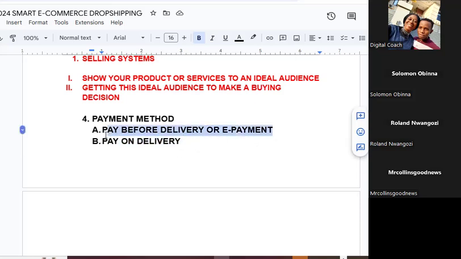They may be thinking, oh, what if I make payment and this person does not deliver this product, starts telling me stories or something comes up. So many people will be very skeptical about making payment before you start delivering. But with this one, people will be very happy with you. They say, oh, nothing's spoiled now. After all, I have to see the product first. Nothing's spoiled before I make payment. So you make a lot of orders and fulfillments here than the first one.